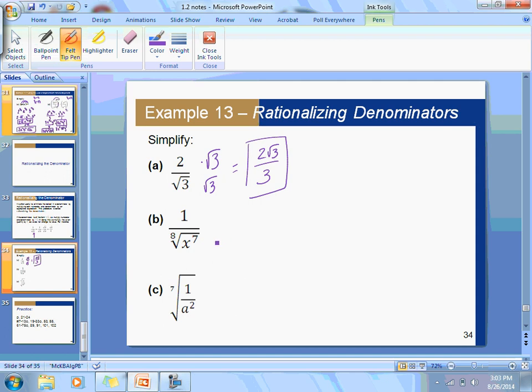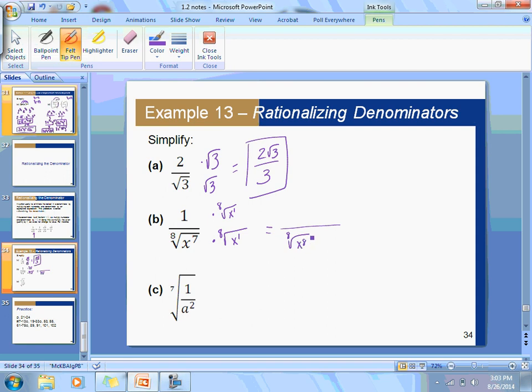So I'm going to multiply by the 8th root of x to the first in the denominator and the numerator. Because if I have x to the 7th and x to the first, and I'm multiplying those bases, I can add my exponents. And when I add those exponents, I get the 8th root of x to the 8th.